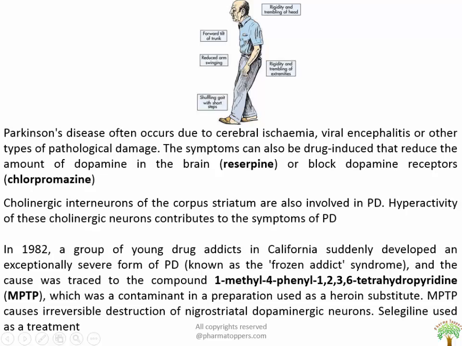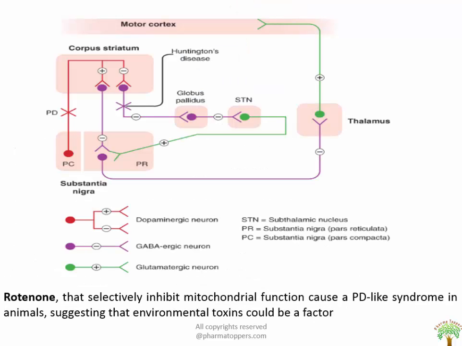So it causes the irreversible destruction of the nigrostriatal region dopaminergic neurons, as a result of which the MPTP is converted into the toxic metabolite, that is MPP plus, by an enzyme MAO-B, that is monoamine oxidase type B. So it is taken up by the dopaminergic system and thus selectively acts on the dopaminergic neuron, thus inhibiting the mitochondrial oxidation reactions and producing the oxidative stress. So selegiline is employed as a treatment for this. Further has been discussed in the next slides.